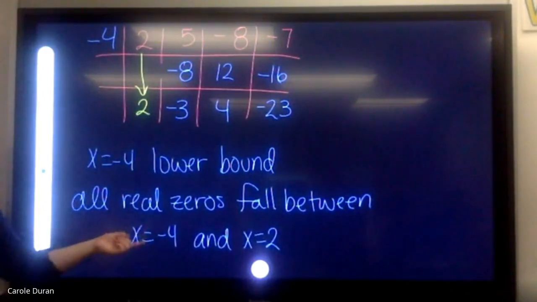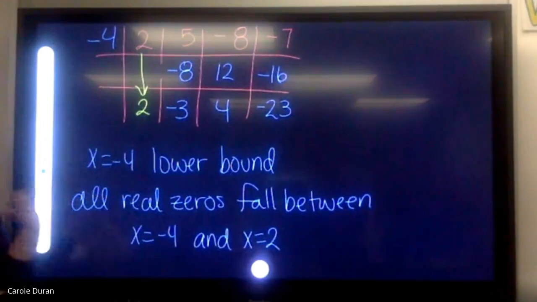And that's a lot easier to work with, because that's a finite interval, than every single number that we could possibly think of. Because that's kind of where you start sometimes when you're thinking about polynomials. And this is where we stop.